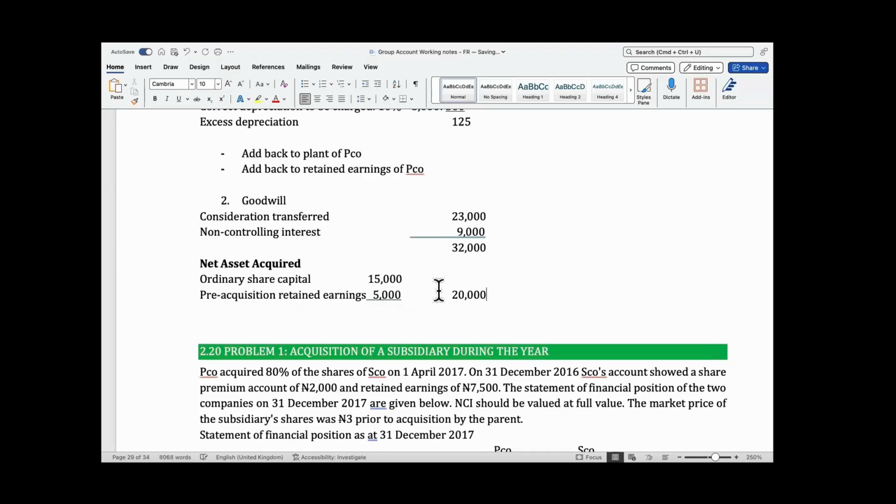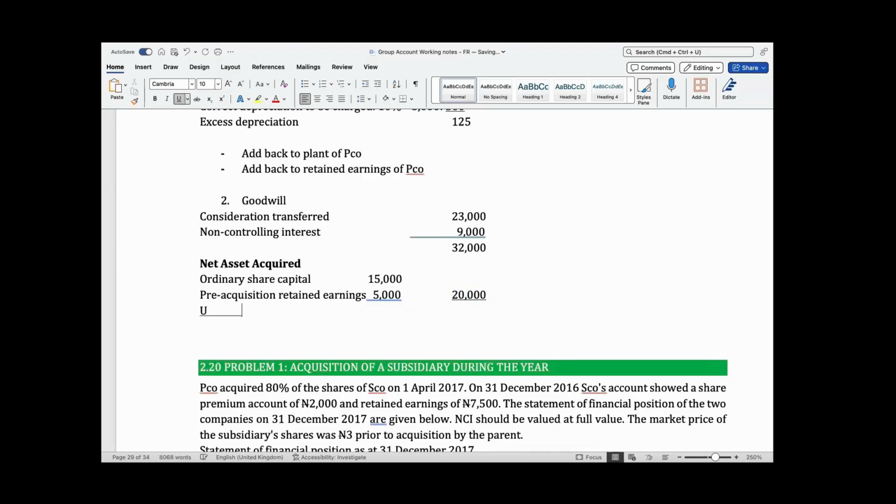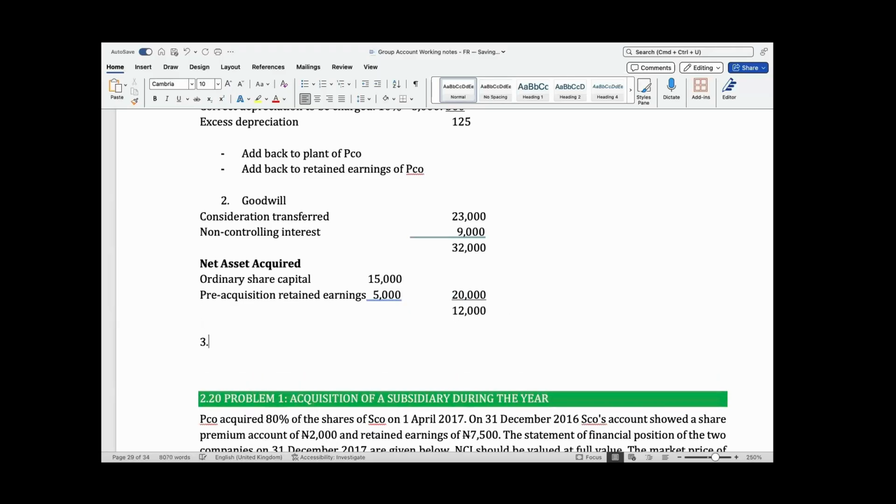Add the two together. That's 20,000. We have a goodwill of how much? 12,000.